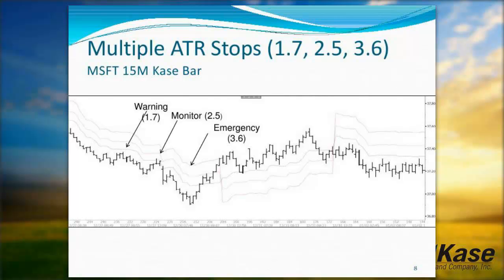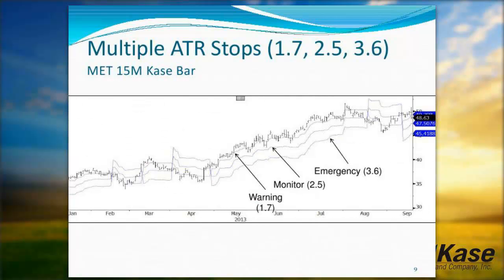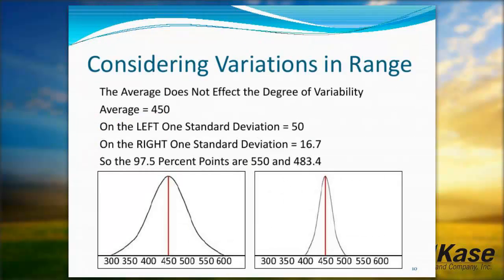Now, as Ms. Kase went through and was looking at these multiple average true range stops, here's another example on a MetLife 15-minute Kase bar chart, of the stops, 1.7, 2.5, and 3.6 multiples of average true range.